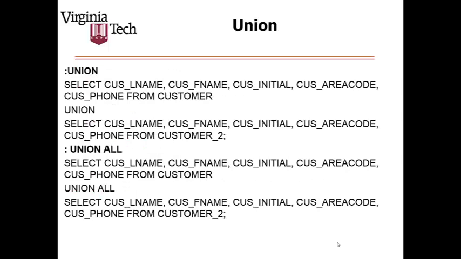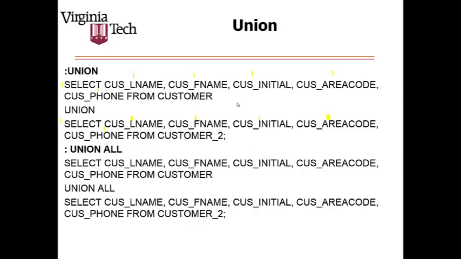So here's an example of a union query. It has two select statements. Both of the select statements have customer last name, customer first name, customer initial, customer area code, and customer phone.